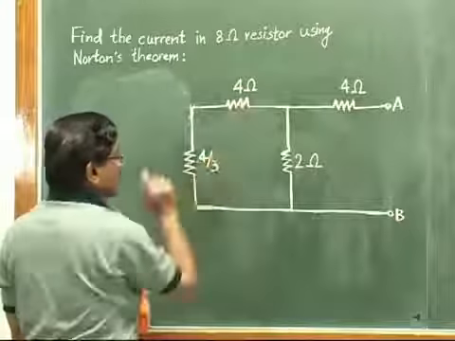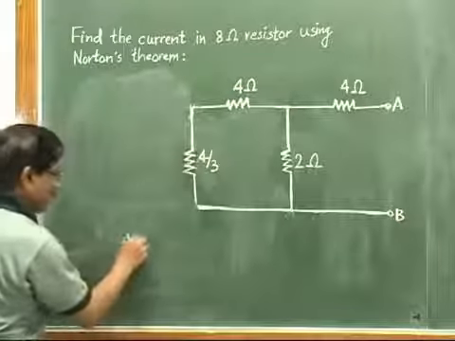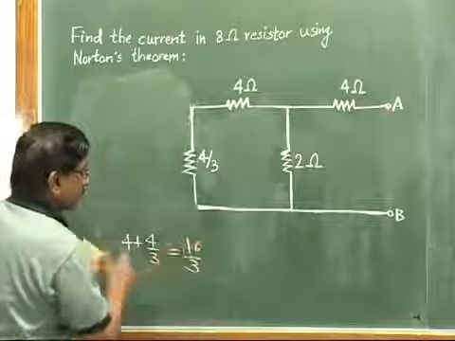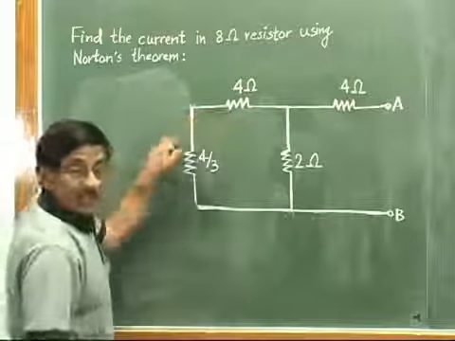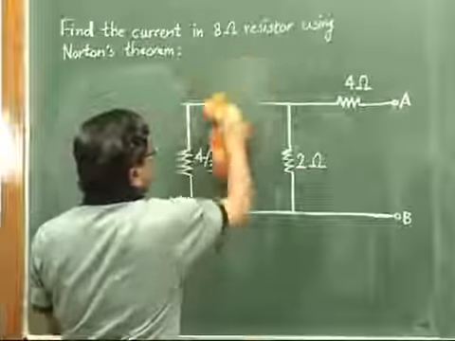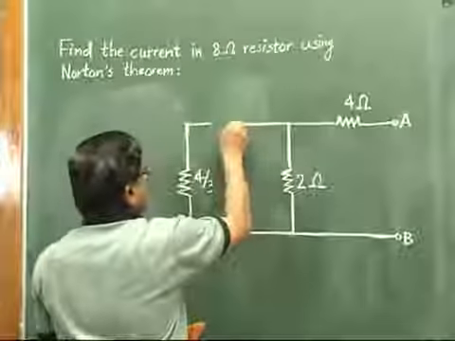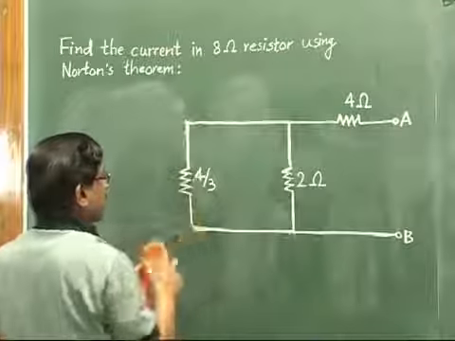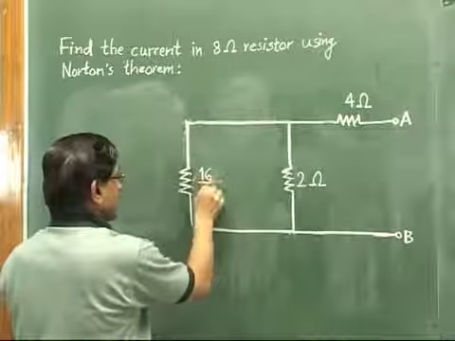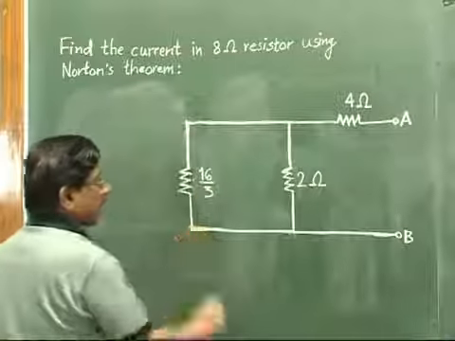So we have to replace these two resistances by a single resistance of 16 by 3. So circuit will be reduced like this. Now this value we have to show 16 by 3. Further we have to simplify.